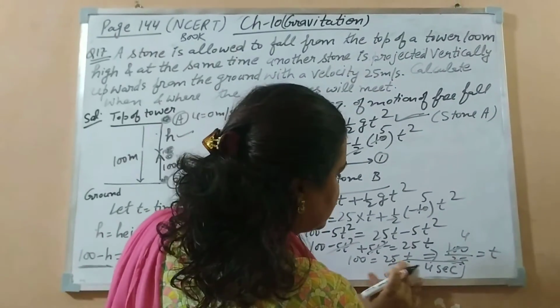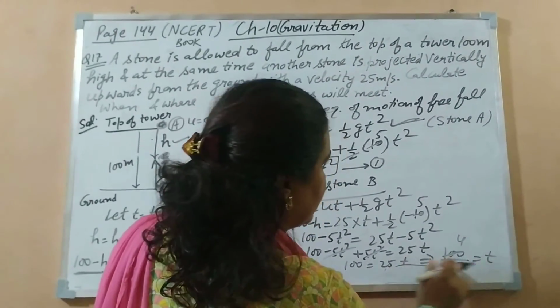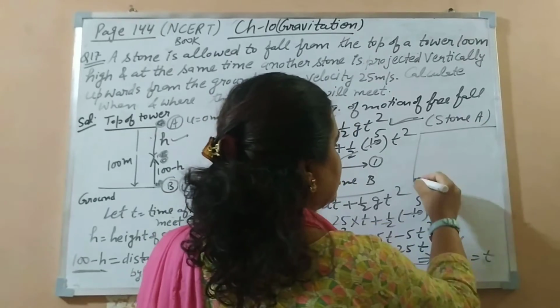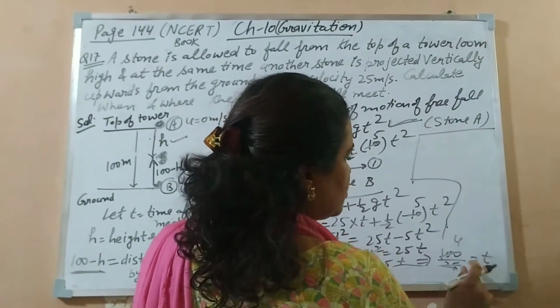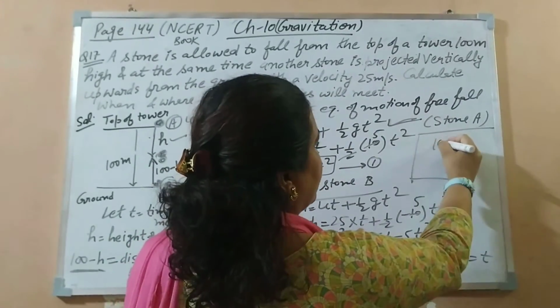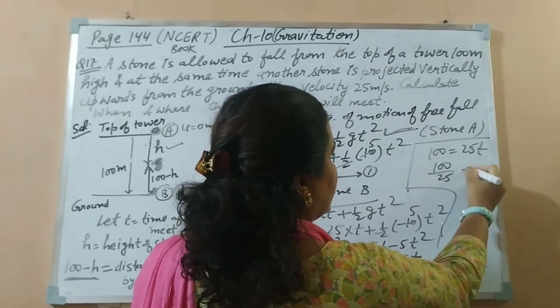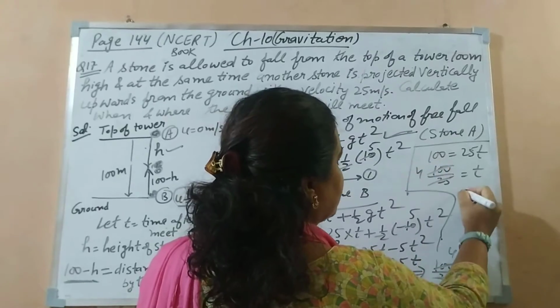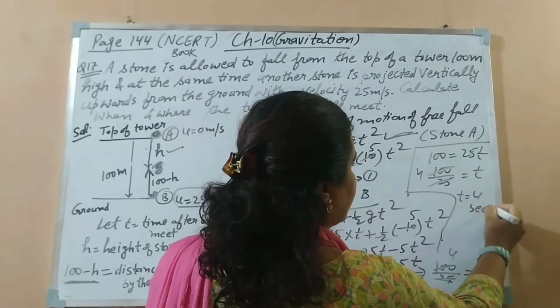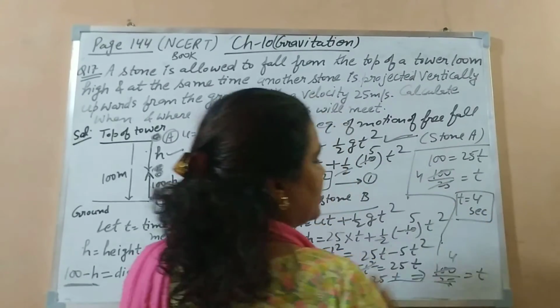As you can see their space is less, so I am solving it a little bit up here. See here, 100 = 25t, so t = 100/25 = 4 seconds. After 4 seconds they will meet each other.